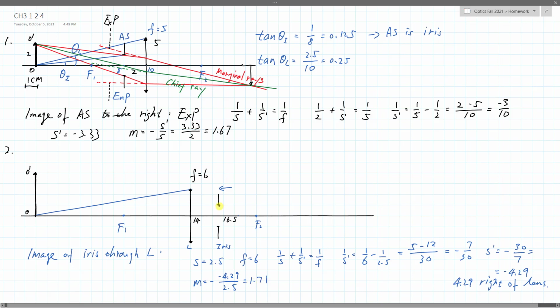So if this size is 1 radius, then it becomes 1.71 radius. That's about 1.75, good enough, so maybe here. It's hard to get that exact because I don't have finer grids.